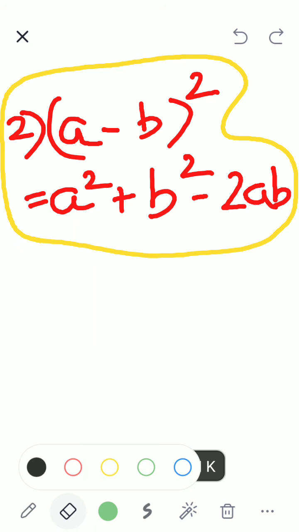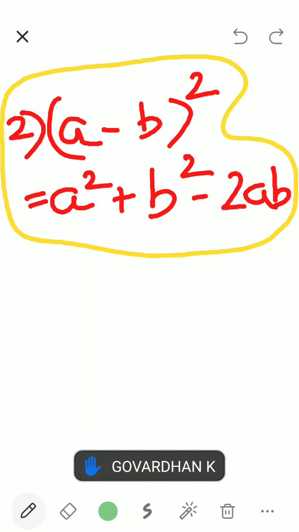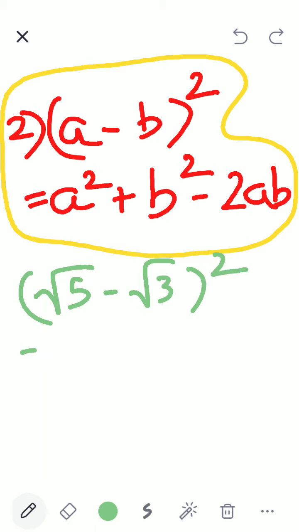So suppose I say now, yes Govardhan. Now children, please mute. Now see, now I have square root. Now I cannot do it directly, no? Root 5 minus root 3 is not root 2, correct?